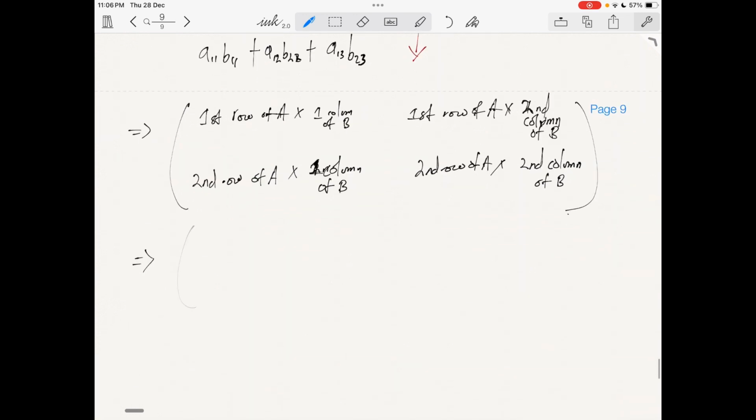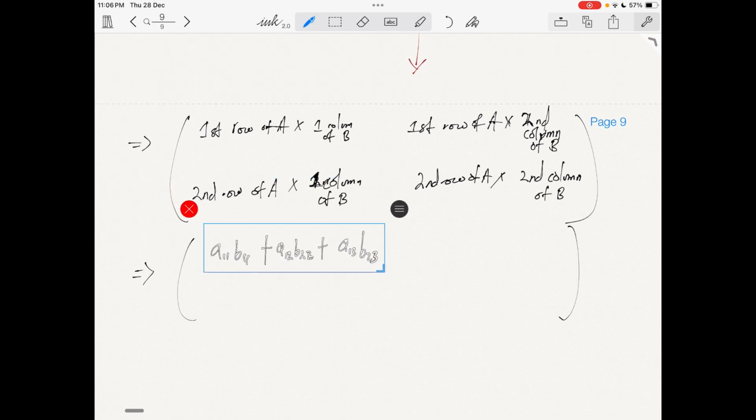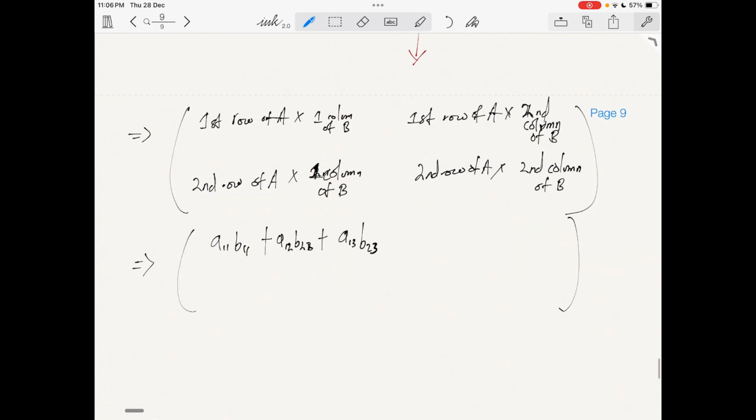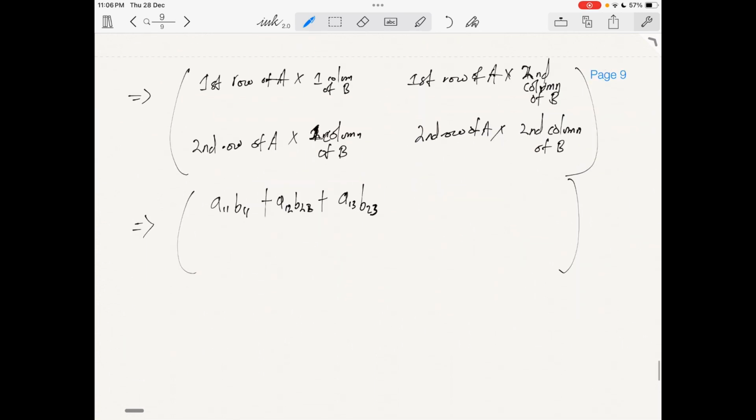Now with this done, we can have the elements written in this format. But I think we might have to rewrite the matrices out so that we have a better view of what we are doing.